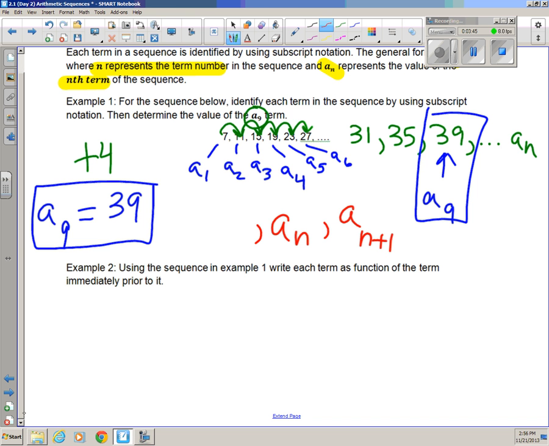I have to go to the left, so I subtract 1 from my n. That would be A sub n minus 1. So if I ask for A sub n, 1 more than that would be the A sub n plus 1 term, and 1 less than that would be the A sub n minus 1 term. Because what we want to do is use the sequence in example 1 to write each term as a function of the term immediately prior to it.